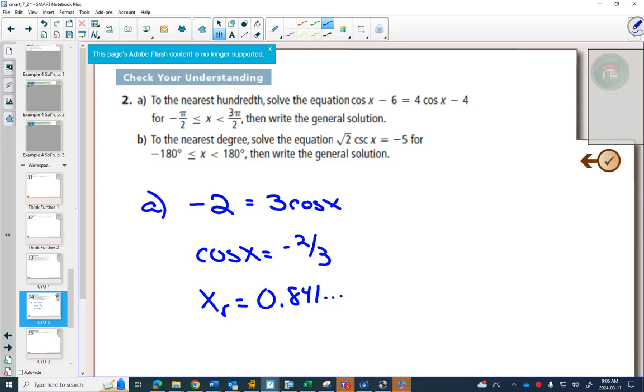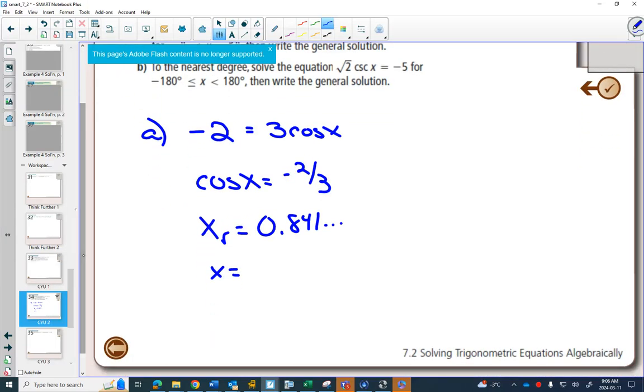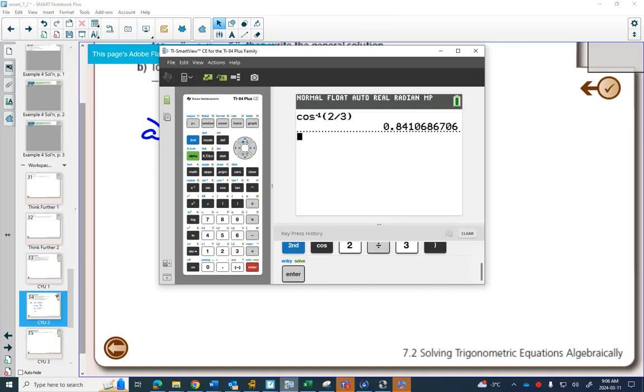So then I go to solve, and cos is negative in quadrant 2 and quadrant 3. So I'm going to go back to my calculator, and I'm actually going to store this answer as x, so I can use it. So in quadrant 2, it would be pi minus my reference angle, and I made x my reference angle.